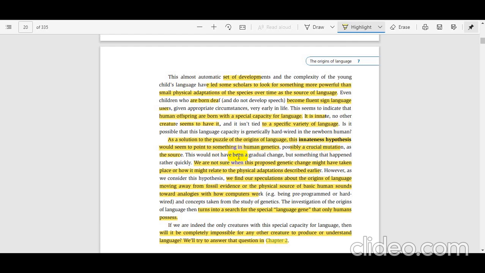This would not have been a gradual change, but something that happened rather quickly. We are not sure when this proposed genetic change might have taken place.